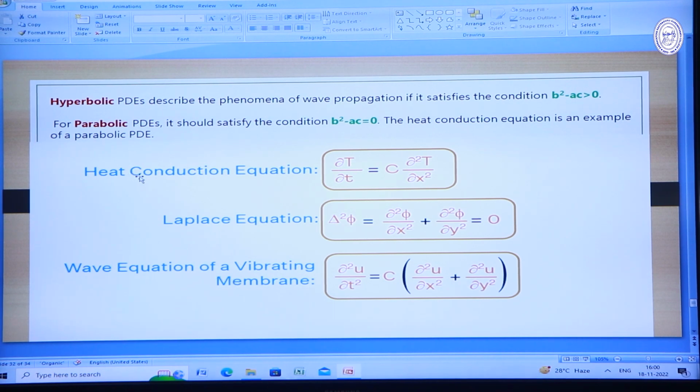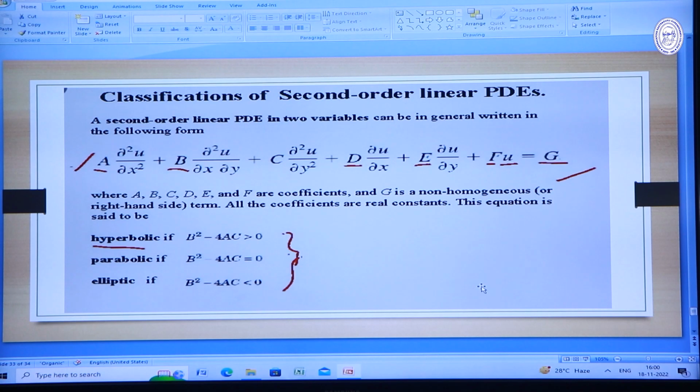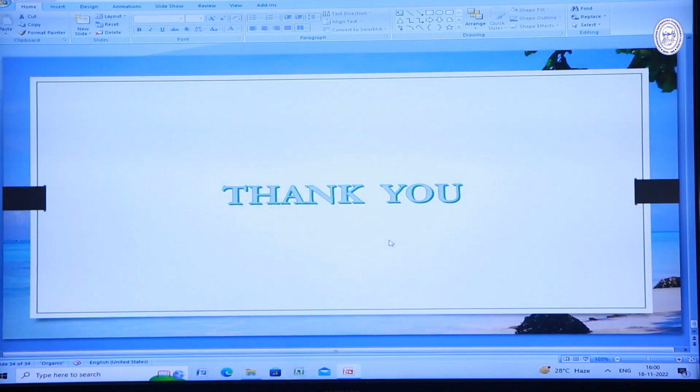These are examples: heat conduction equation, Laplace equation, wave equation. This is also the same. Thank you.